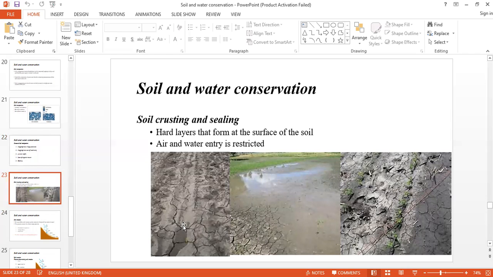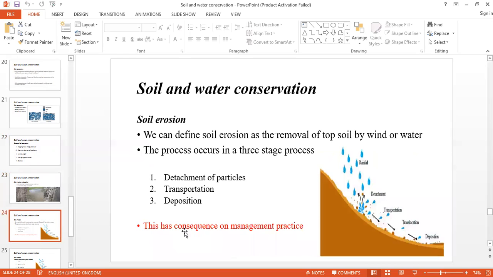This usually happens when rain disintegrates the soil particles at the surface. Then these small particles go to fill in the pore spaces on the surface of the soil. So that's the second form of degradation.